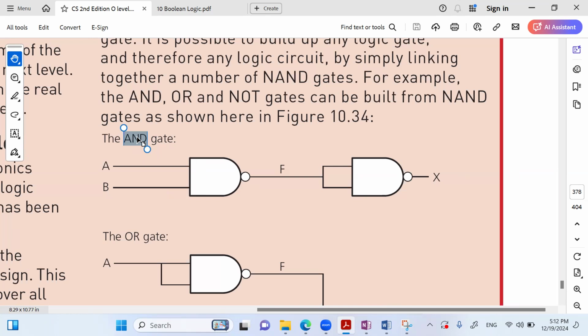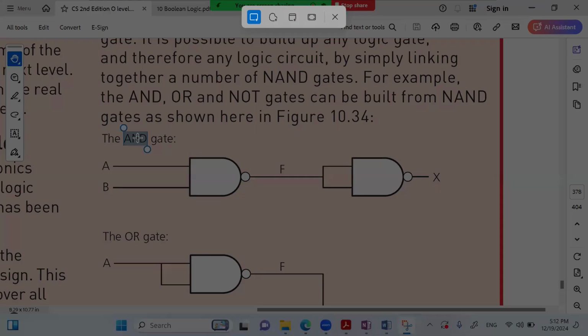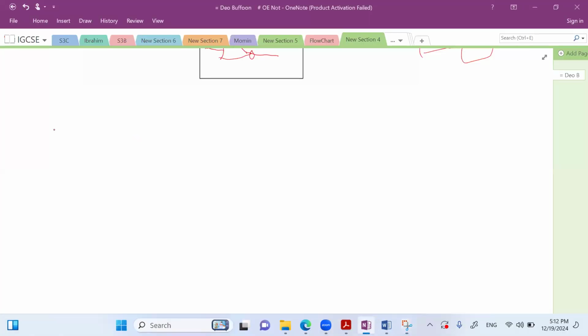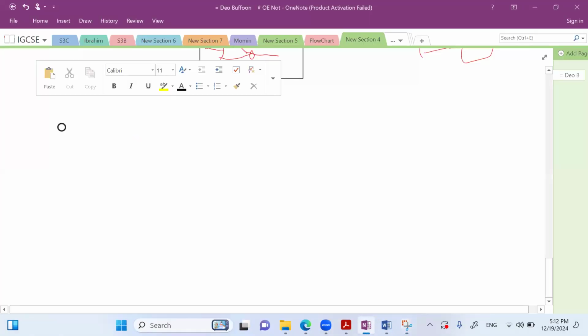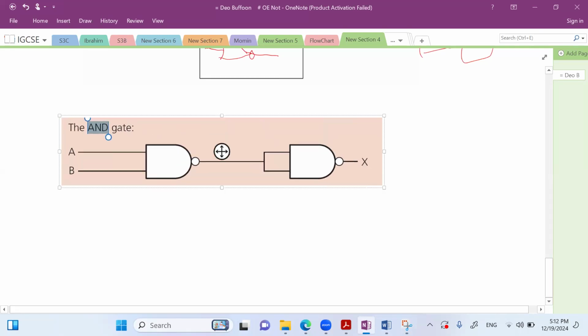So are you getting it? What is happening over here? How will it react as a single AND gate?